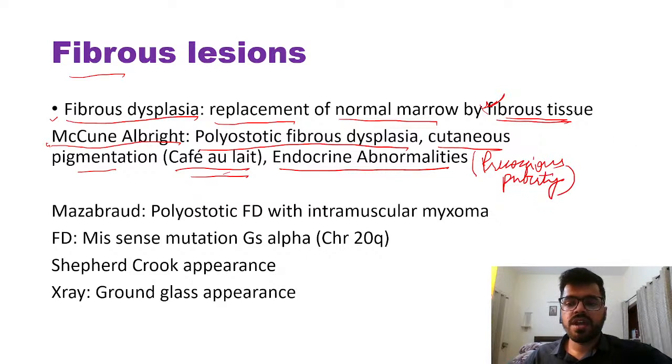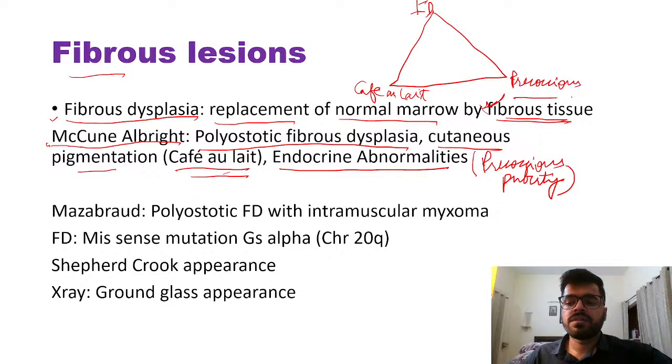So there's a triad of polyostotic fibrous dysplasia, café-au-lait macules, and endocrine abnormality, mostly precocious puberty. It is seen in McCune-Albright syndrome.